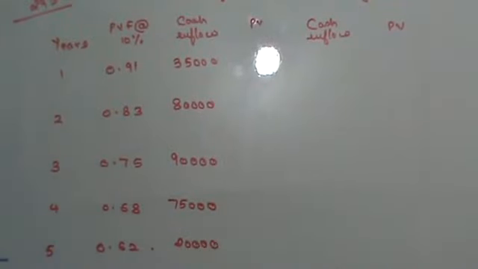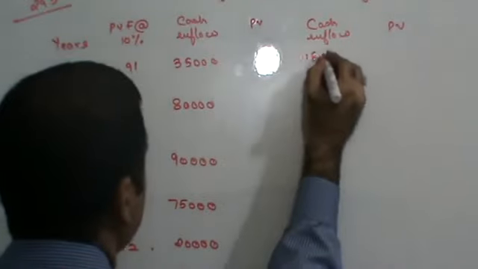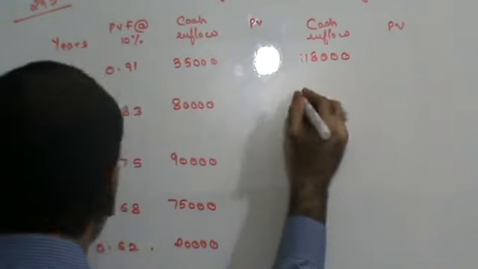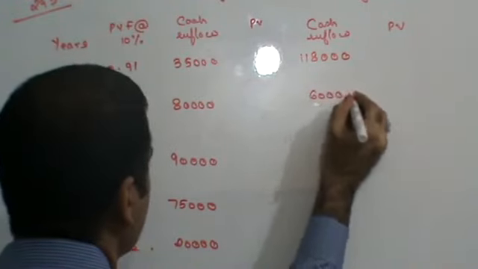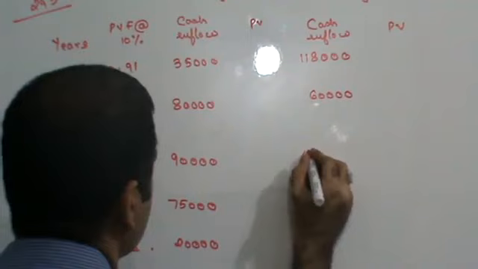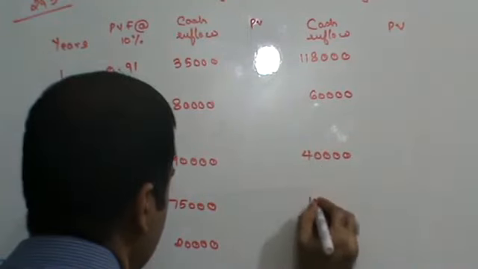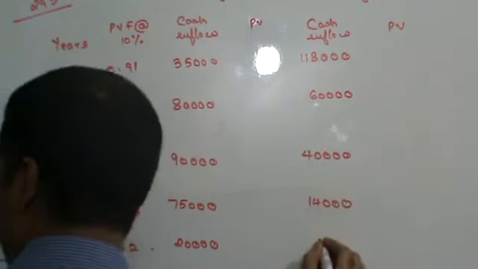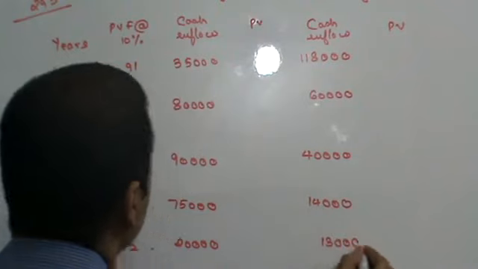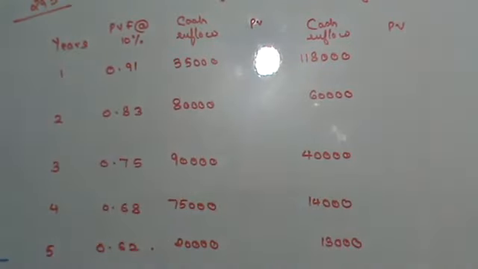These are the cash inflows given to you. Similarly, for project Y, the cash inflows are given to you as 1,18,000, 60,000, 40,000, 14,000 and 13,000. Okay.